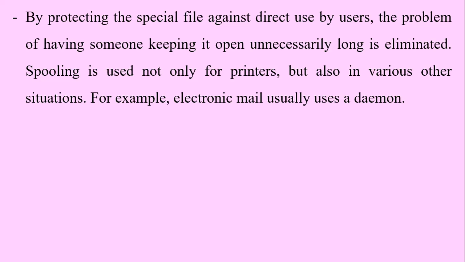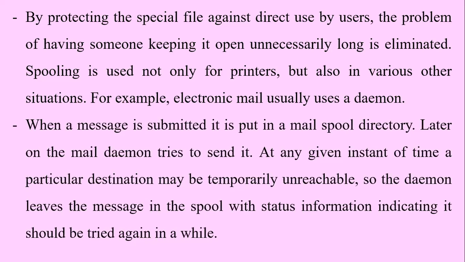For example, electronic mail usually uses a daemon. When a message is submitted, it is put in a mail spool directory. Later on, the mail daemon tries to send it. At any given instant of time, a particular destination may be temporarily unreachable, so the daemon leaves the message in the spool with the status information indicating that it should be tried again in a while.